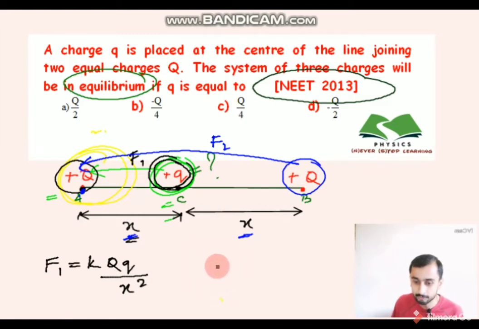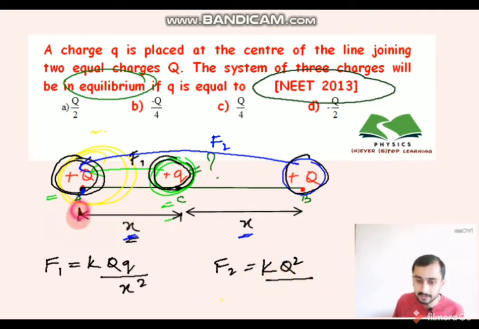Now using Coulomb's law expression, we can write the expression for F2 also, right? So what is the value of F2? F2 equals k into Q1 Q2. Now you need to consider this charge and this charge. Both are Q, so Q into Q, that is Q square, divided by the distance of separation. The distance from A to B is x plus x, that is 2x, whole square.